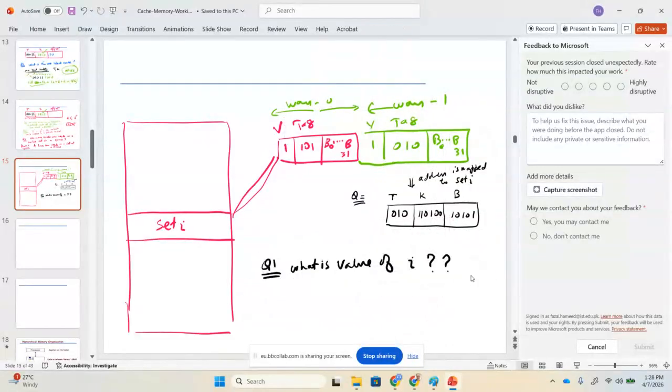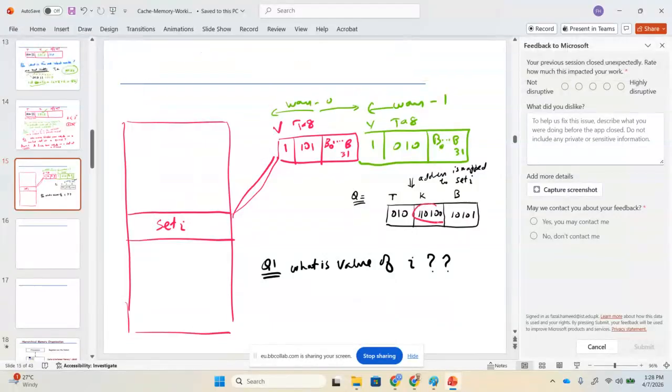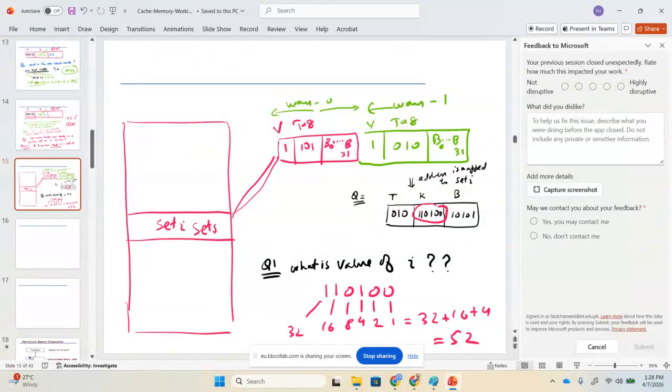The value of I, you need to look at the index field. So this is actually 110100, with place values 1, 2, 4, 8, 16 and 32. So 32 plus 16 plus 4 is actually 52. So it is mapped to set number 52.